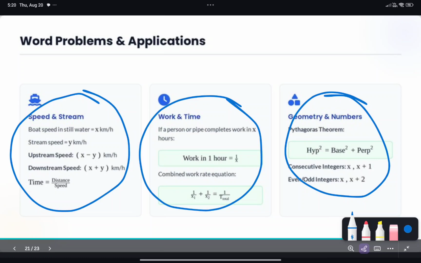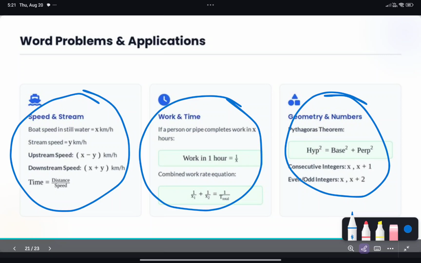See, speed and stream. Boat speed in still water is equal to x kilometer per hour. In still water, yes or no? No flow. Boat speed in still water, in that water still only, stationary only, travels maintaining some speed, x kilometer per hour.